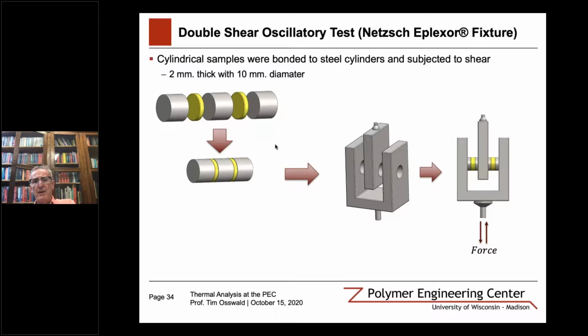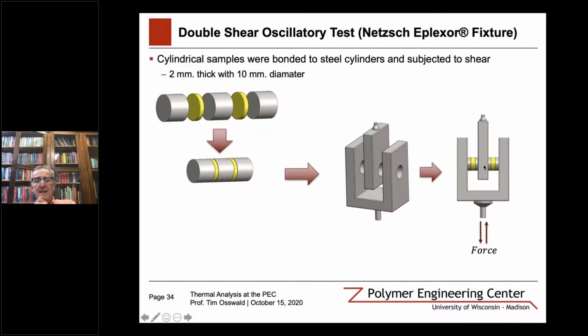The other thing that we wanted to do was to test the viscoelastic properties, and for that we used Netzsch's Eplexor system and fixture. Netzsch actually made this special fixture to do this type of analysis, and this is a double shear.